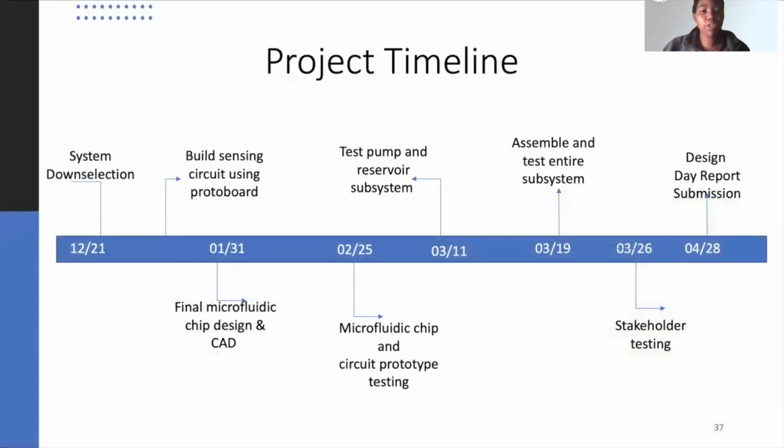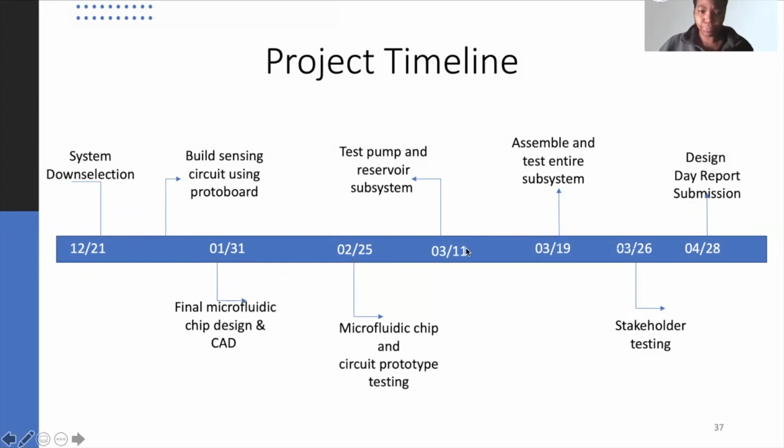Considering the timeline for the project, mainly up until the end of the semester, we're going to be considering a lot of the down selection between microfluidics and computer vision and zoning in on that. January is going to be based a lot more on CAD designing and building the circuit, with February being for testing, mainly for the microfluidic chip and circuit prototype.